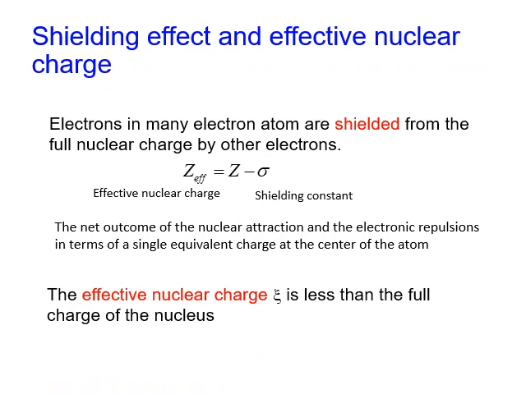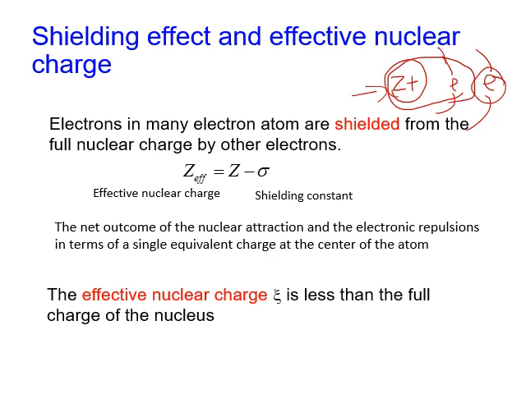Suppose we have an atom with positive nuclear charge Z+ in the nucleus, and let's say we have two electrons. One is closer to the nucleus, one is further away. The second electron feels a nuclear charge actually less than Z, because the Z is partially cancelled by the first electron.